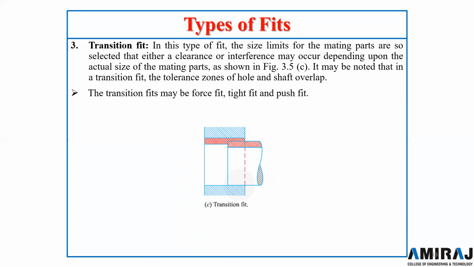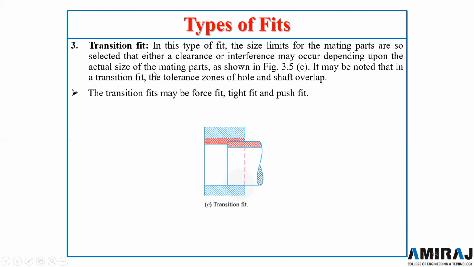When we actually manufacture the part, sometimes we get a clearance fit, sometimes we get an interference fit, sometimes we get a perfect fit. So in transition fit, transition means it is between both. So it can be clearance or it can be interference.